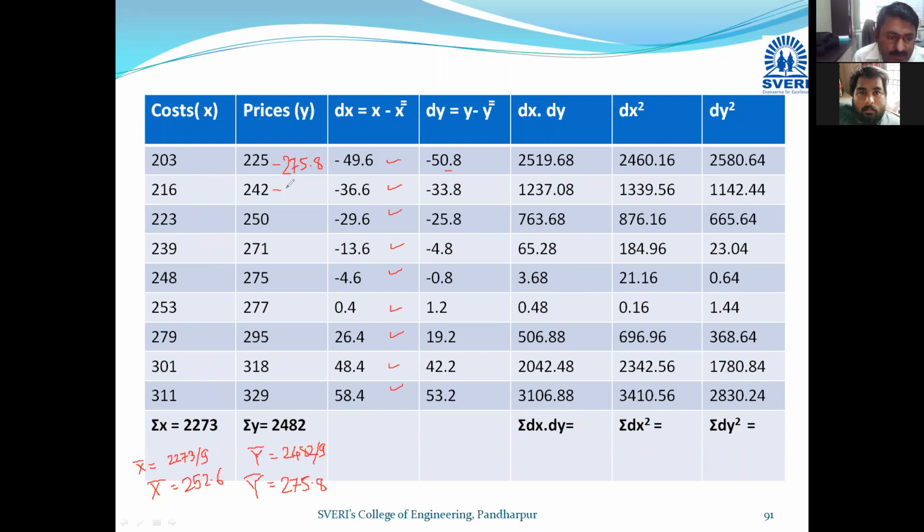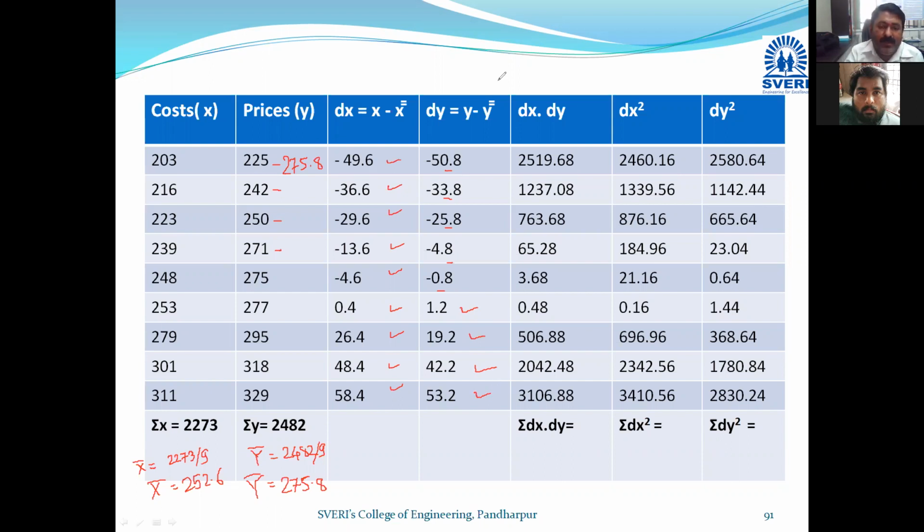Similarly, 242 minus 275.8 gives minus 33.8. 250 minus 275.8 gives minus 25.8. 271 minus 275.8 gives minus 4.8. 275 minus 275.8 gives minus 0.8. 277 minus 275.8 gives 1.2. 295 minus 275.8 gives 19.2. 318 minus 275.8 gives 42.2. 329 minus 275.8 gives 53.2.